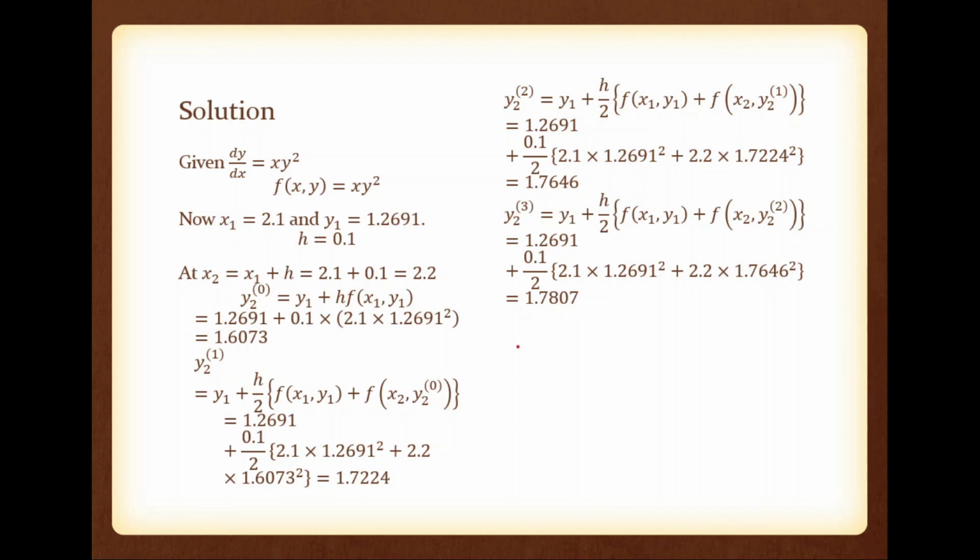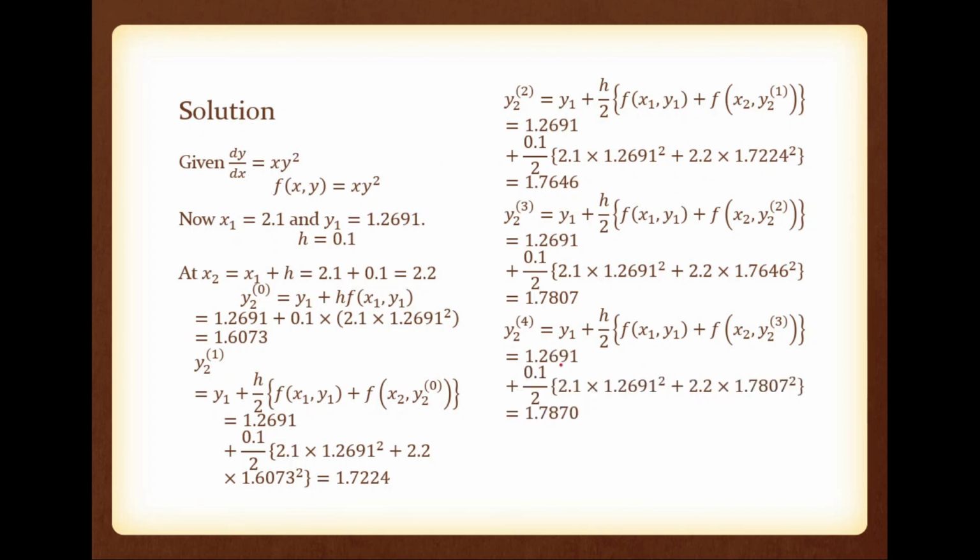So y2 of 4 is equal to y1 plus h by 2 into f of x1 comma y1 plus f of x2 comma y2 of 3. So that is equal to 1.2691, that is y1, plus 0.1 divided by 2 into 2.1 into 1.2691 square, that is f of x1 comma y1, plus 2.2 into 1.7807 square, that is this one.